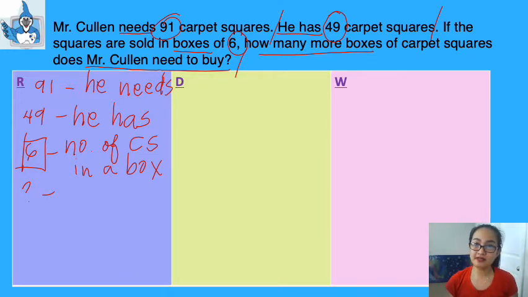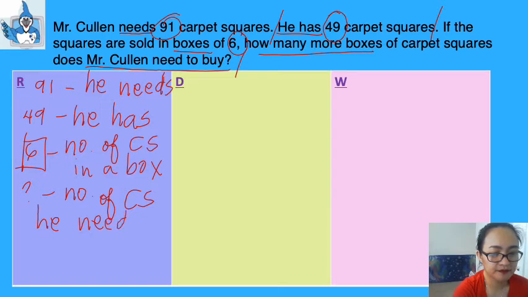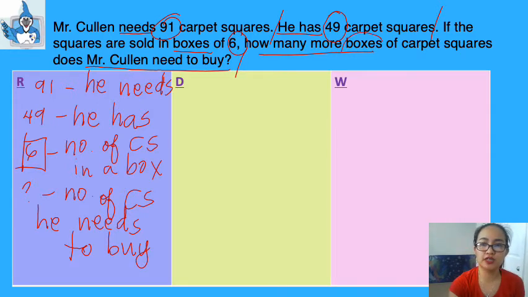And of course, the question is asking how many more boxes of carpet squares does Mr. Cullen need to buy. So this is the number of carpet squares he needs to buy. And make sure that you know that it should be in boxes.